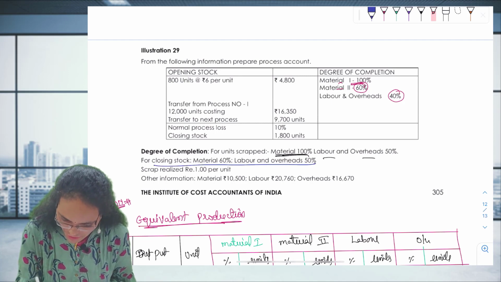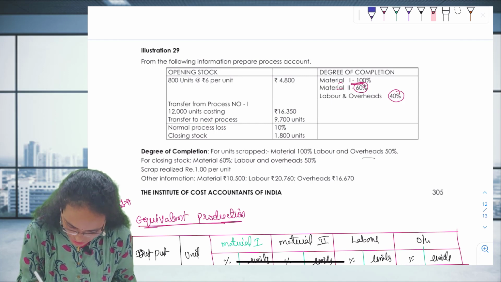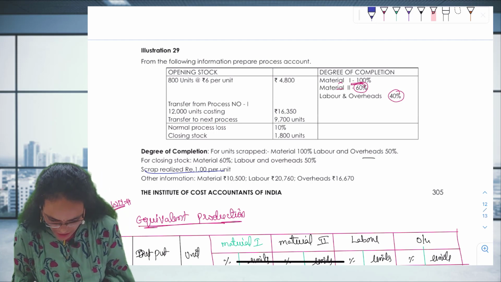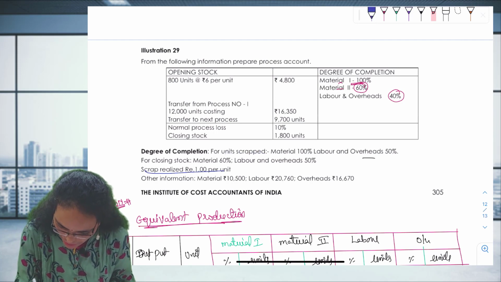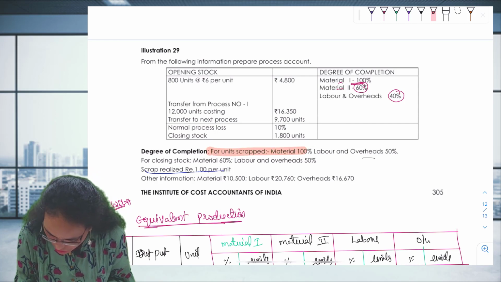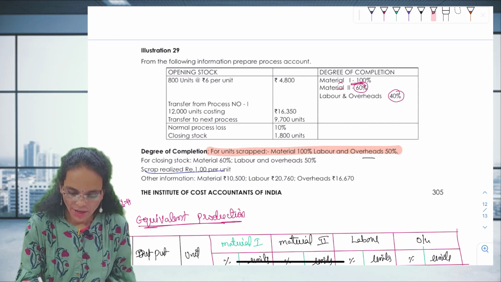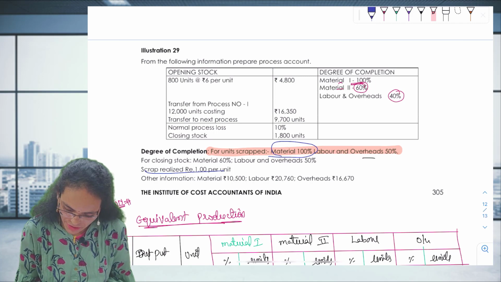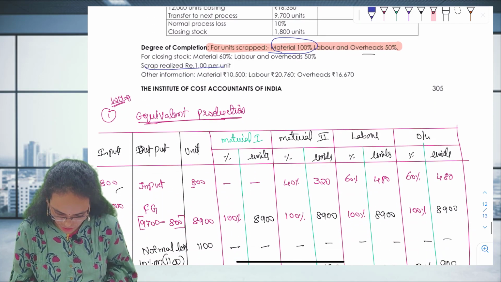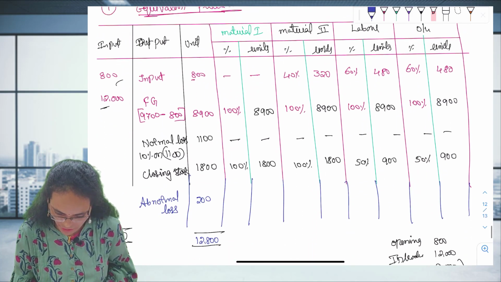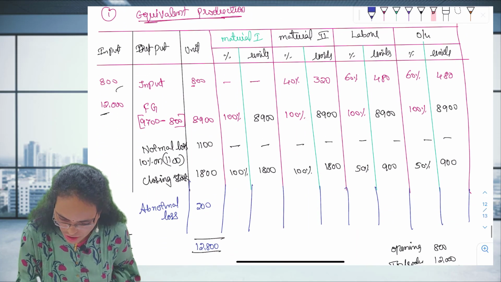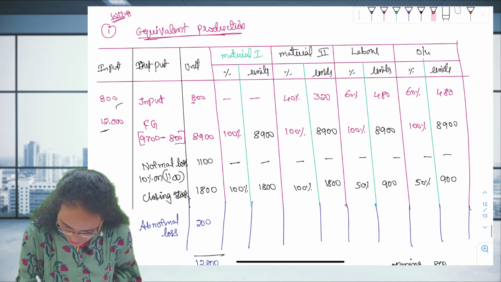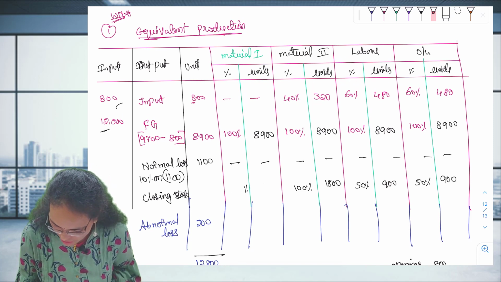Closing stock percentage is given. We have already taken that into consideration. Now scrap value is given. But units are scrapped here. What is the information given? For the units scrapped, material is 100%. I'll erase for the closing stock.